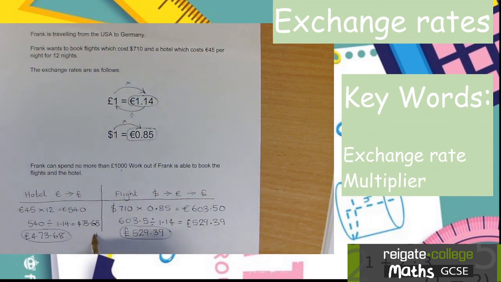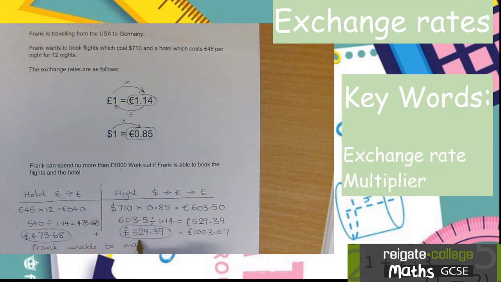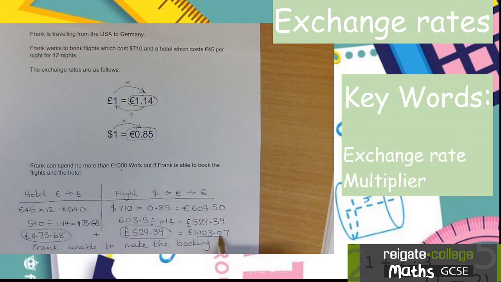By adding those figures together, Frank's total bill is £1,003.07, meaning that Frank is unable to make the booking as it is greater than £1,000.